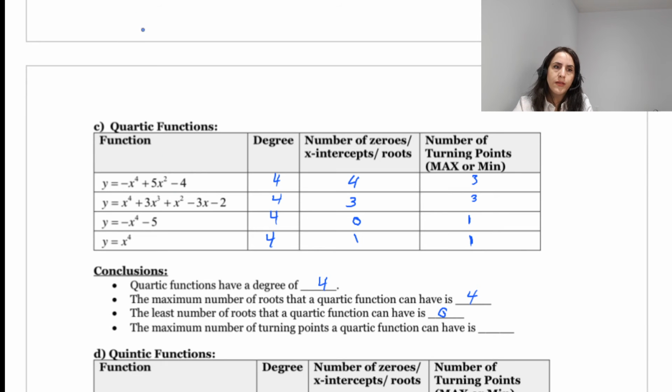I said that if it's an even degree, it can start from negative infinity and finish at negative infinity without passing the x-axis, and then it makes 0 x-intercepts. The maximum number of turning points is 3.